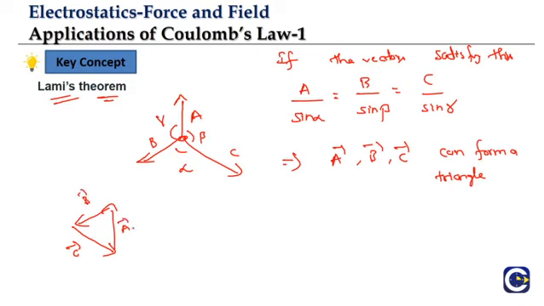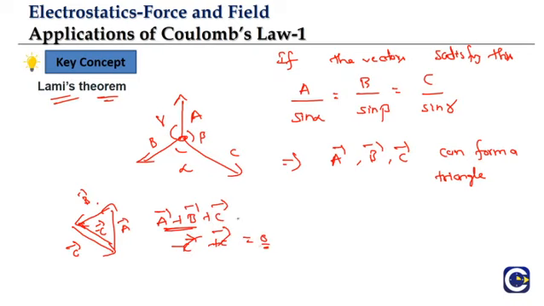Now as per the triangle law of addition of vectors, if we add A bar and B bar, the resultant will be the closing side of the triangle drawn in the reverse order. Means A bar plus B bar will be exactly minus C bar. So A plus B plus C: A plus B is minus C, and minus C plus C is 0.